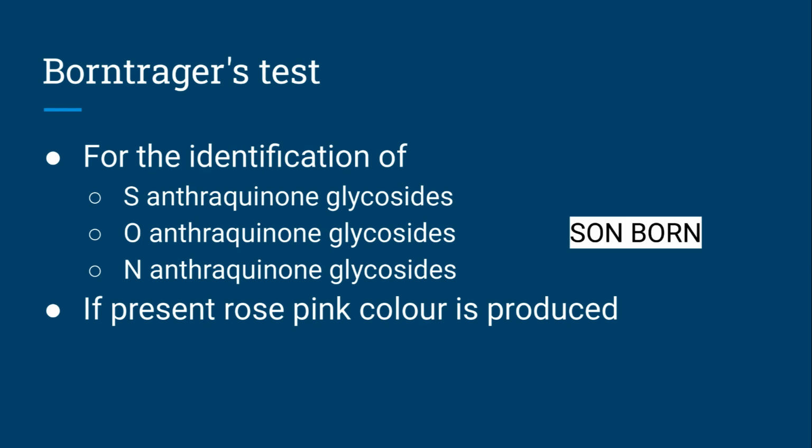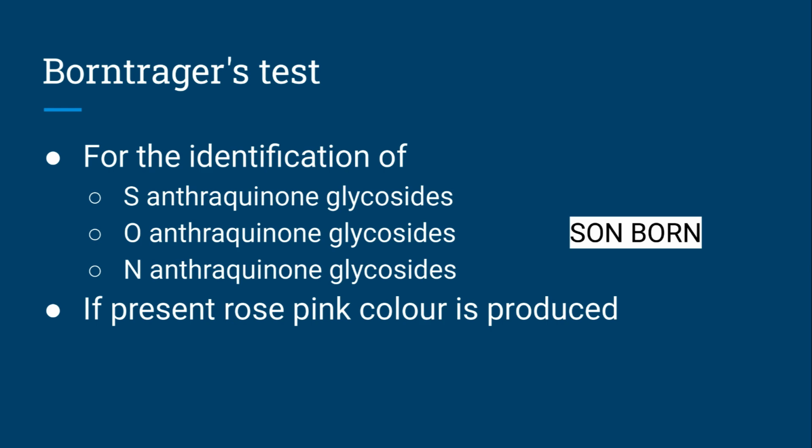In short, sun glycosides. Sun, born. So we can connect the word sun with the word born. Sun for different kinds of glycosides, that is S, O and N glycoside. Born is for Borntrager's test. Sun, born.